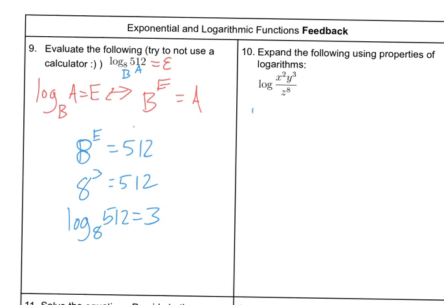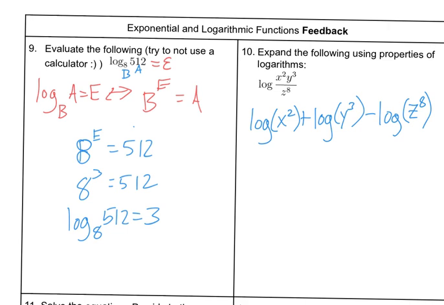So I'm going to break this into some pieces here. I'm going to start off by saying this is going to be log of x squared plus log of y to the third, and then minus log of z to the eighth. The reason I'm going to do it this way is that things that are on top of our fraction here are being multiplied together, and we know that exponents end up being added when we're multiplying their bases together, and that's what's really going on here.